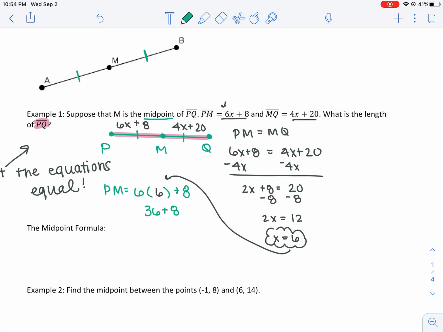This is what PM equals: 44. Okay, so now I know what one half of it is. But if they're both equal to each other and they're just cut in half, how long should MQ be? 44. So how long is the whole thing, PQ? 88. Amazing.